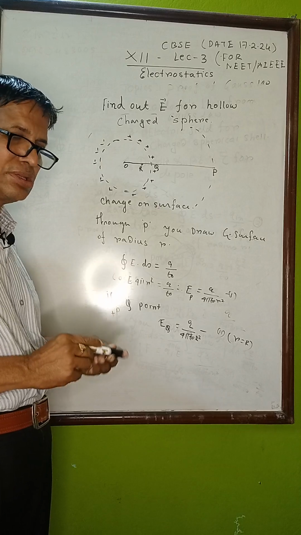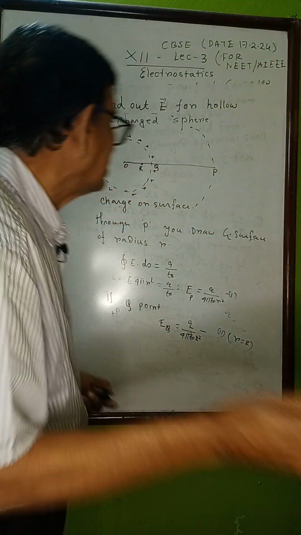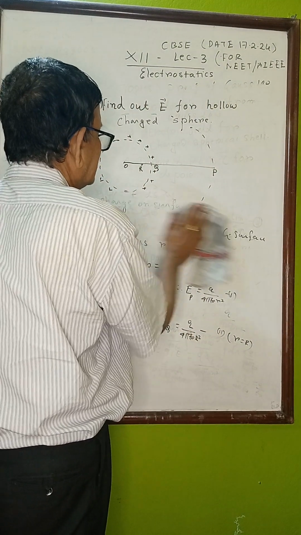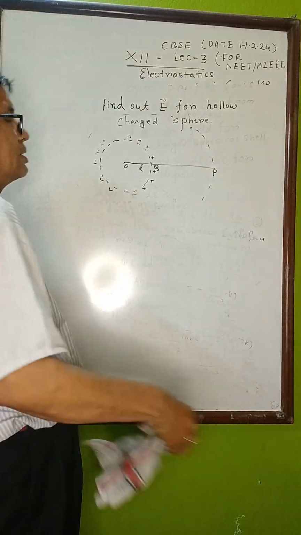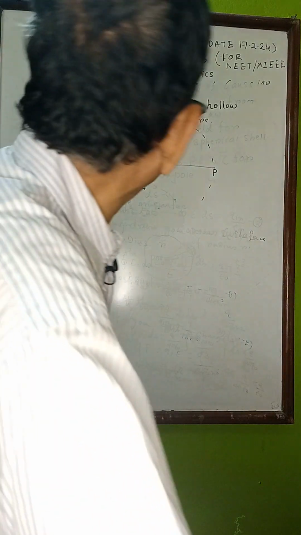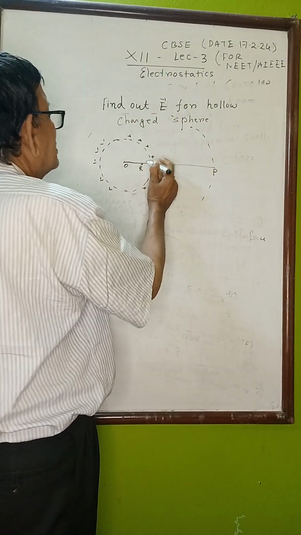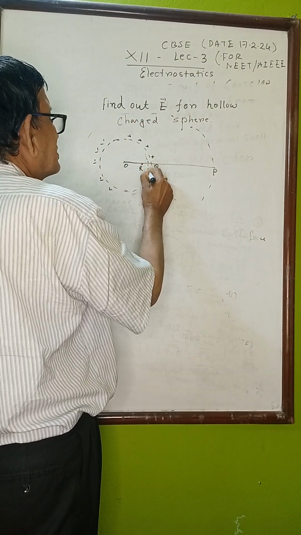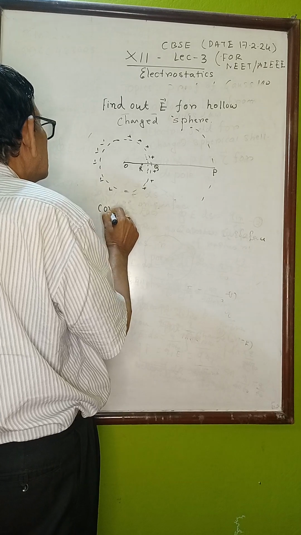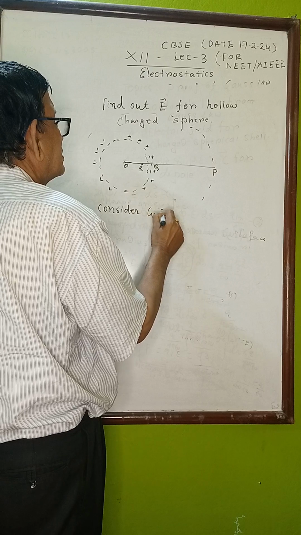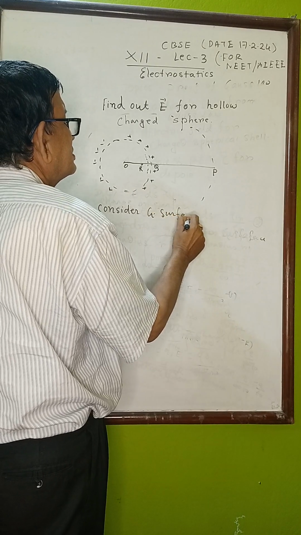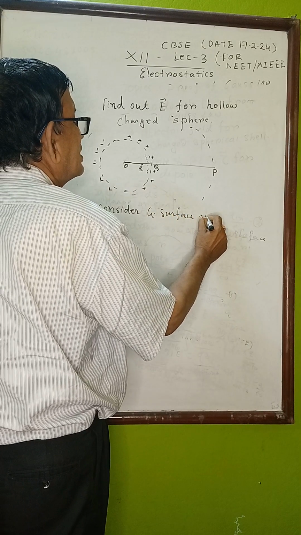Now I shall consider the Gaussian surface just inside the spherical shell. Now what is the electric field? The electric field at a point inside, you consider another Gaussian surface just inside.